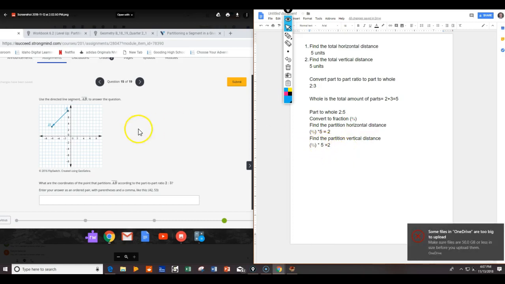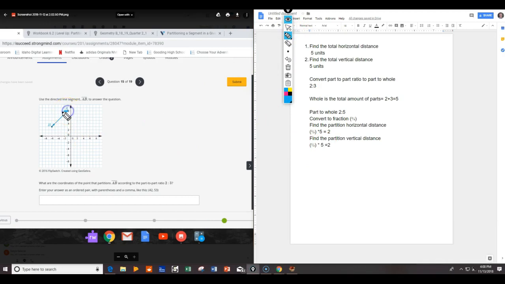So we're now going to go over 2 units from A, because that's our horizontal distance, and down 2 units so we can end on this line. That's how I know to go down and not up. So we're going down 2 units, and here is where that intersects.